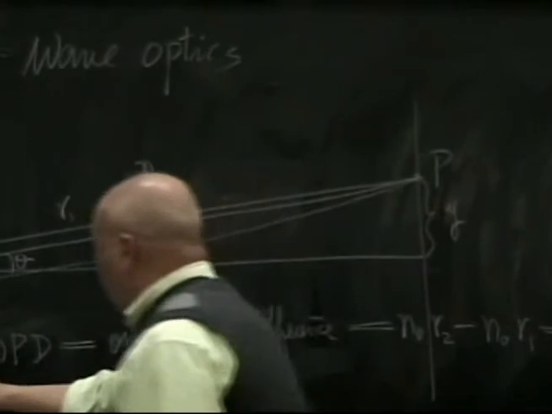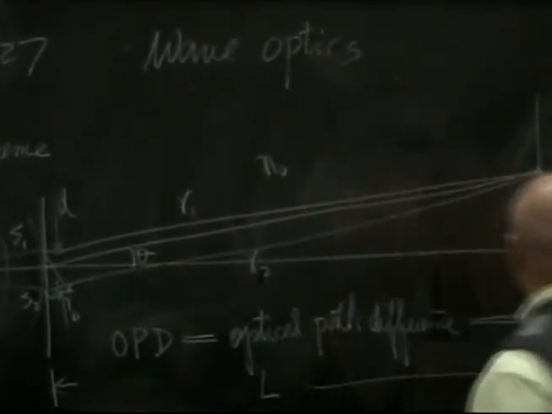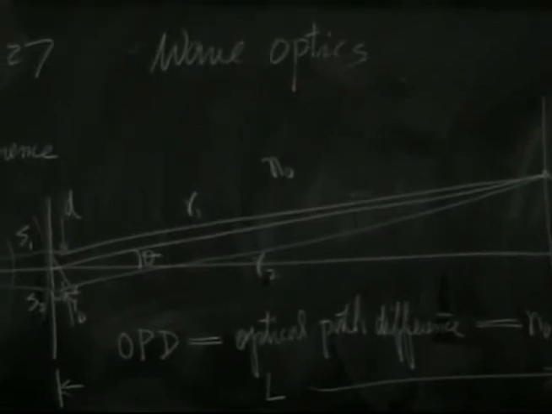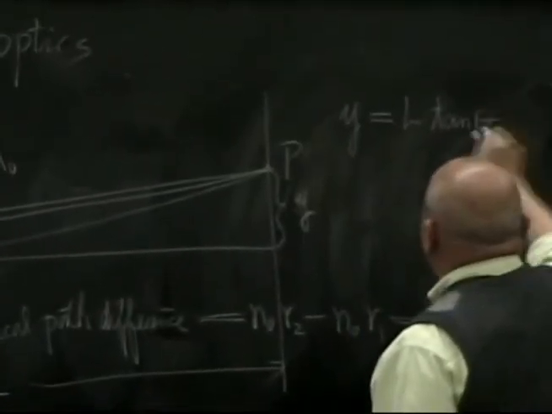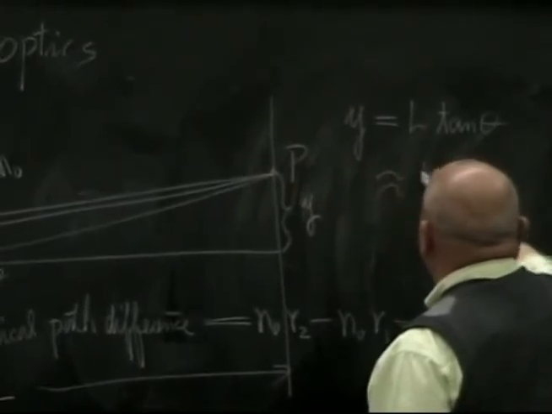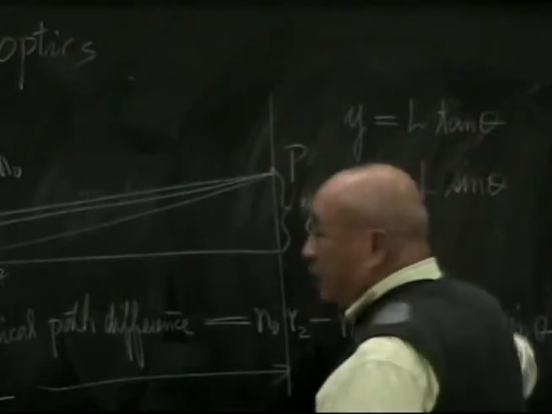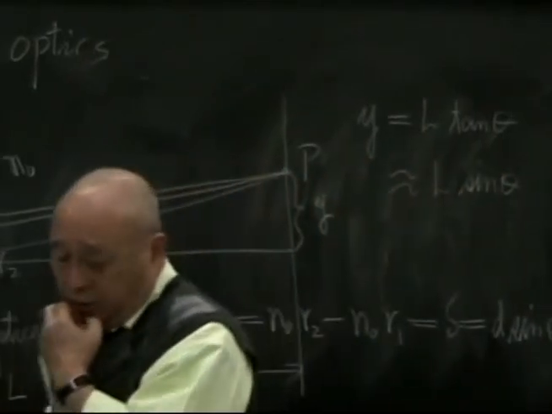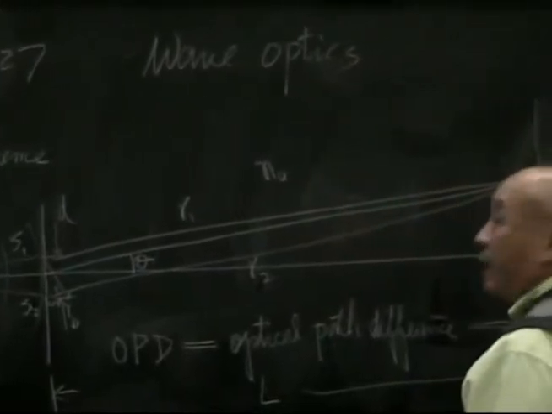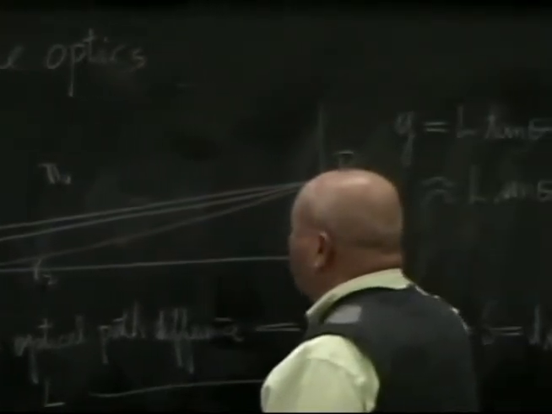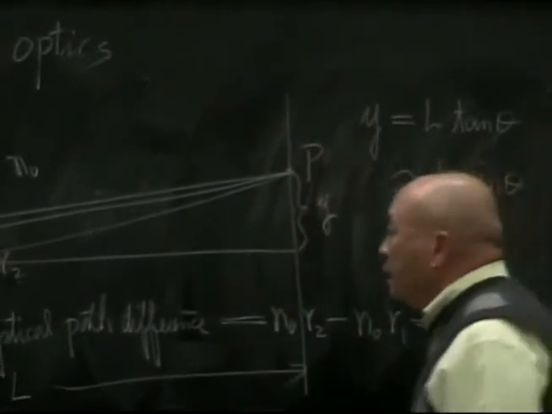The distance from here to here is L. So y is equal to L times tangent theta, or approximately L times sine theta. From this equation, you will find out where the spot is bright and where the spot is dark.